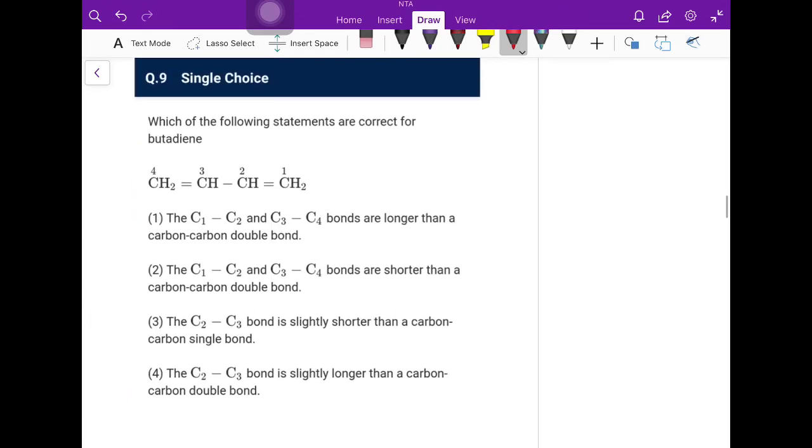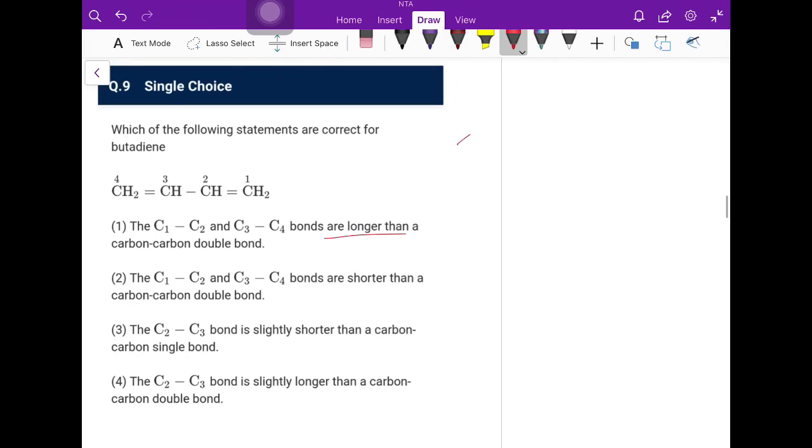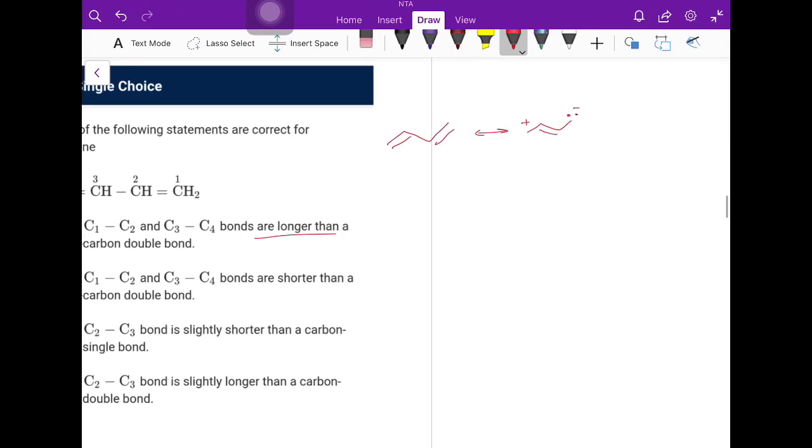Which of the following statements are correct for butadiene? So they are asking us about bond length and bond order. So you must know the resonance structures of butadiene. For butadiene it is this, and two more structures contribute to some extent, this and also this with positive on one side and negative on this side.